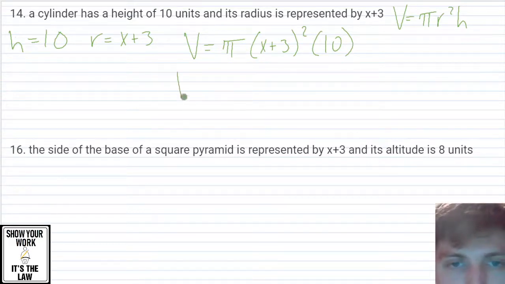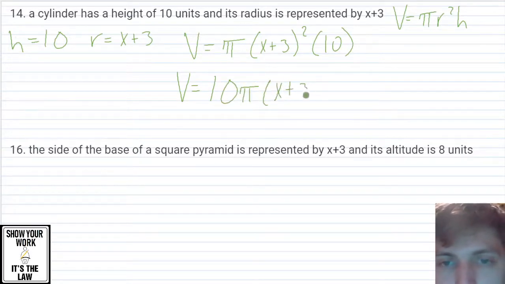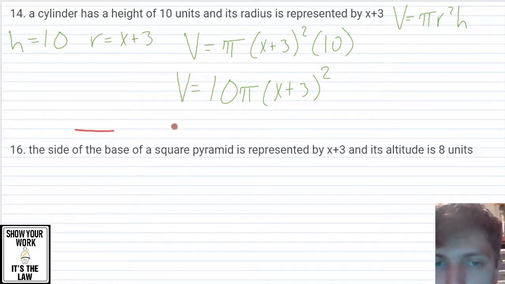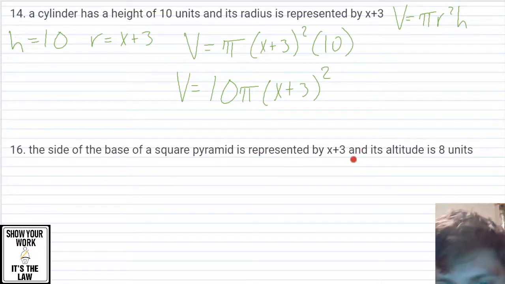Let's just reorder it, so we put the coefficient up front, so that 10 can go: 10 pi times x plus 3 squared. We really don't want to expand this when we don't have to, because it's much easier to just plug in a number there than it is to expand it out into a polynomial and then have to do it.